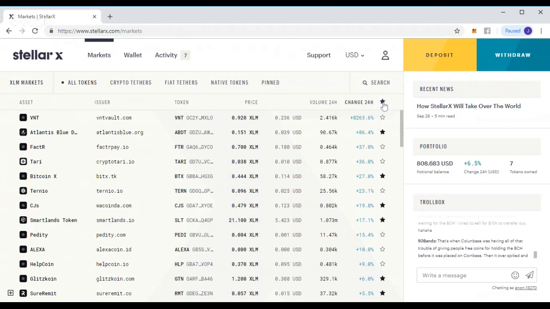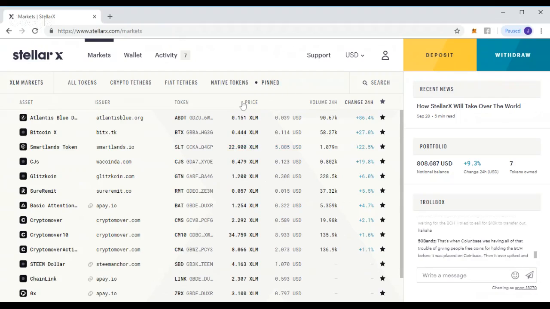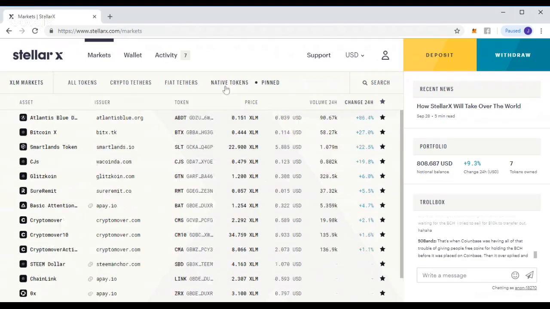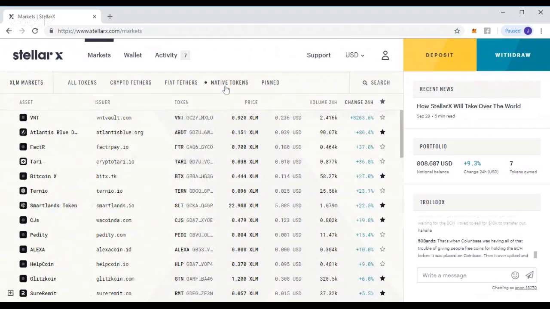Now you also have the option to star certain currencies, and then you can bring them over here and pin them. When you come over here, you'll see all the currencies that you have, and these will pretty much be your favorites. Now on the platform, you have native tokens, which are the tokens that have been created on StellarX, utilizing the StellarX technology.